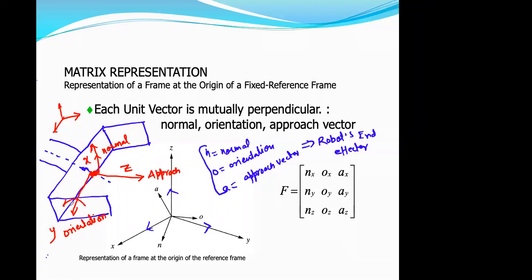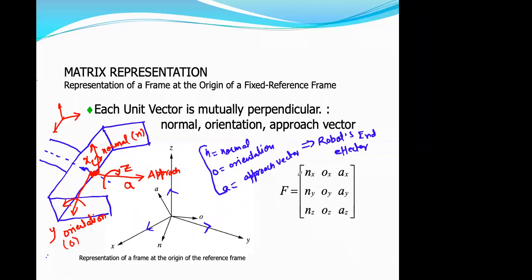In orientation there will be motion here; it can revolve up and down or like this, and it can have this kind of motion. So all this can be clearly understood: this is the a vector, the approach vector, this is the n vector, and this is the orientation vector.